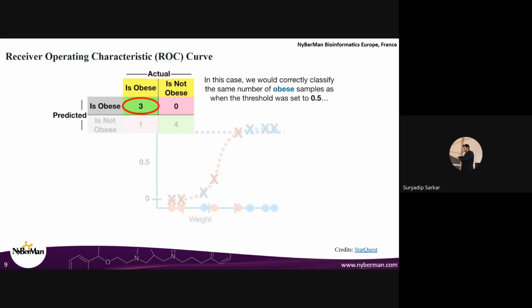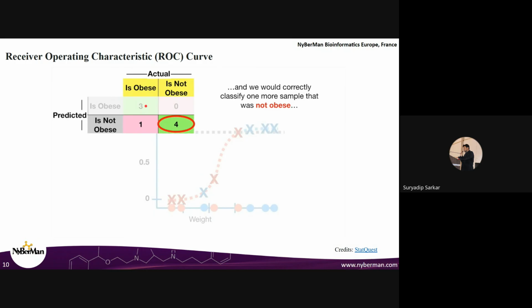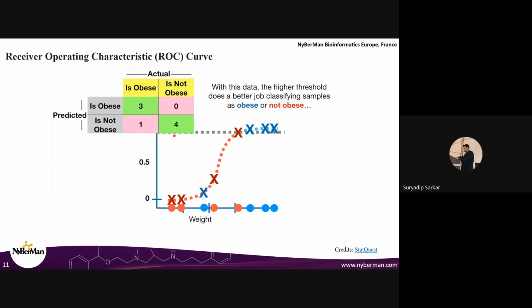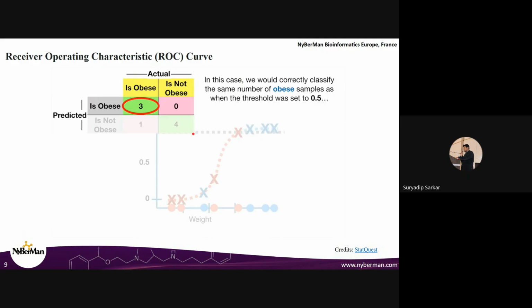For example, when the threshold was set to 0.5, we would correctly classify 3 samples, and we would correctly classify one more sample which was not obese, which is 4. Now with this data, a higher threshold of 0.9 does a better job of classifying samples as obese or not obese.